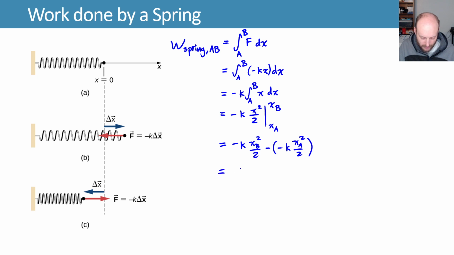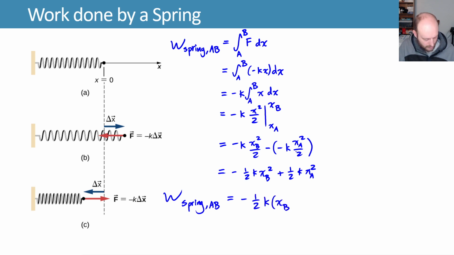Rewriting this, we have negative 1/2 k xb squared plus 1/2 k xa squared. This tells us that the work done by a spring as we stretch it from one position to another is equal to negative 1/2 k (xb squared minus xa squared).